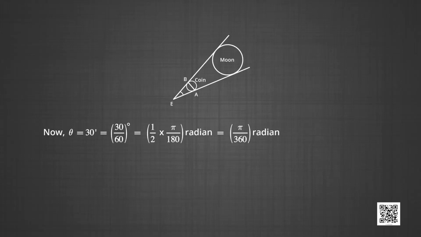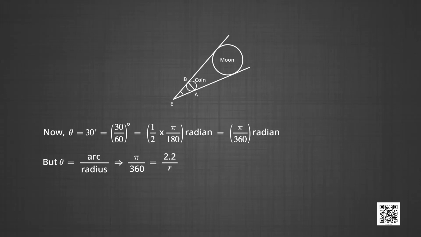Now, the angle theta is 30 minutes, which is equal to 30 upon 60 degree. To convert this into radians, we multiply 30 by 60, which is equal to 1 by 2, by pi upon 180 radians. So, theta on simplification is pi upon 360 radian.